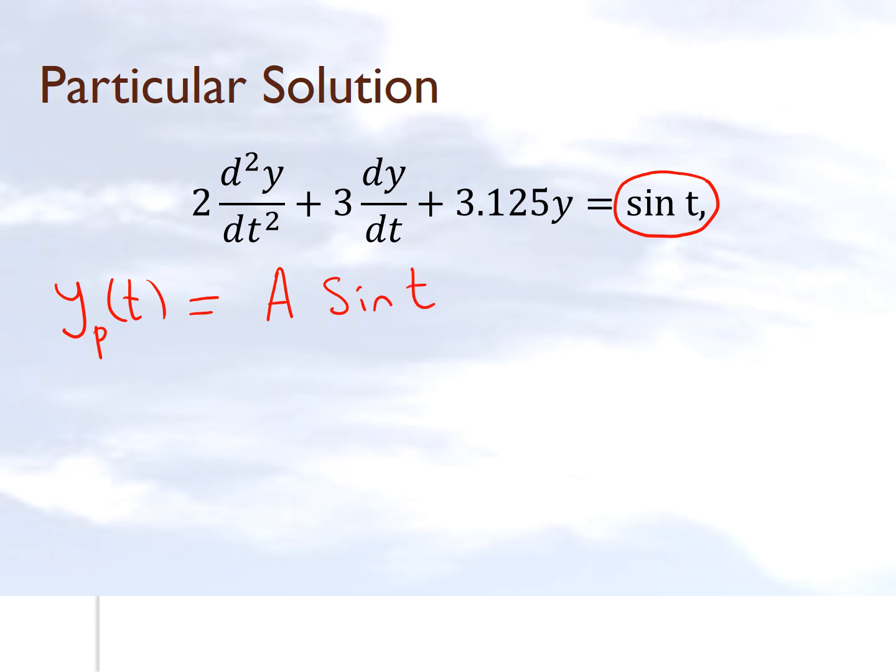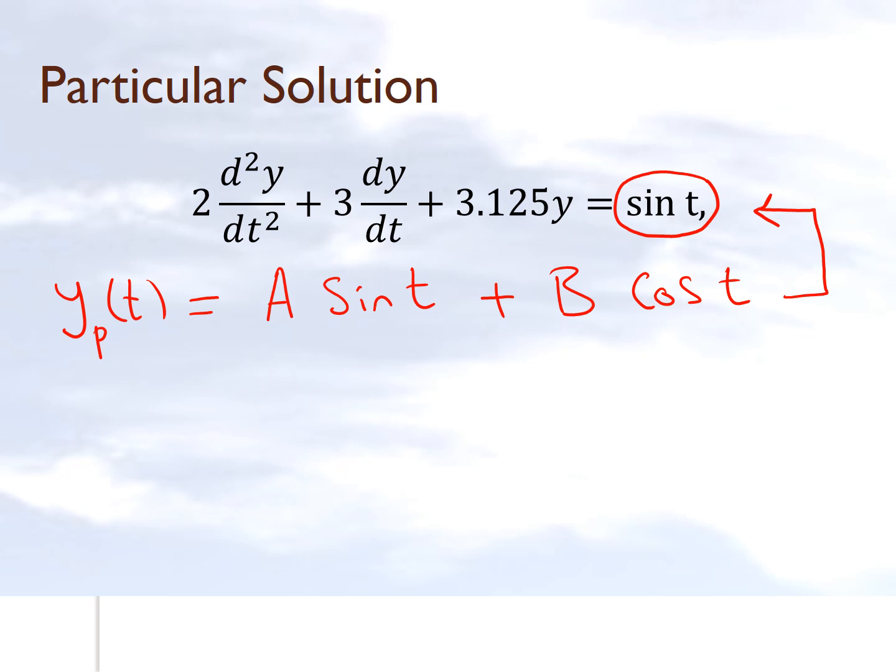It should be a sinusoid of the same frequency, but now we have a superposition of sine and cosine: a sine t plus b cosine t. Now a and b are two constants. They are unknown right now, and we need to solve for them. The way to solve for them is to substitute this proposed solution for the particular part into the differential equation and solve for the values of a and b that make that equality hold.